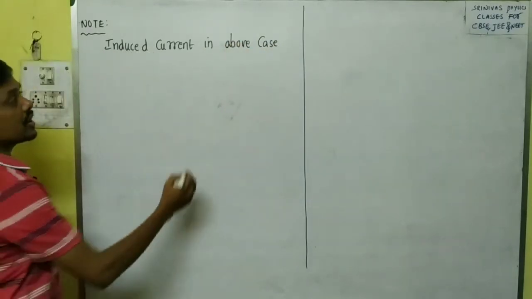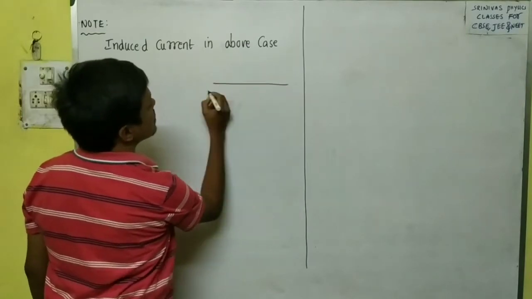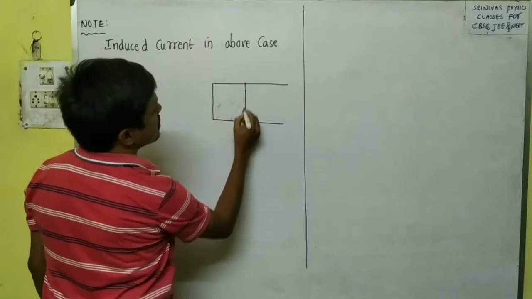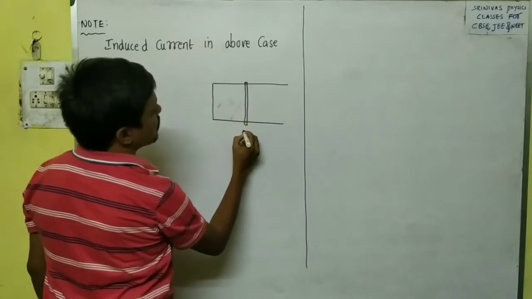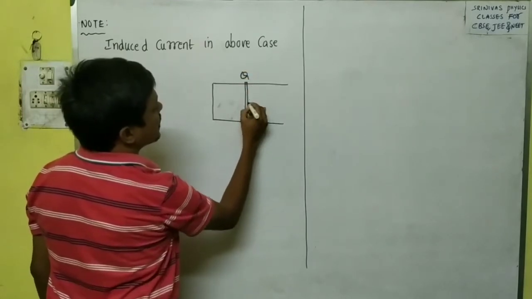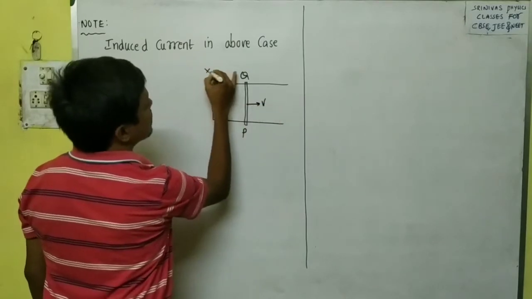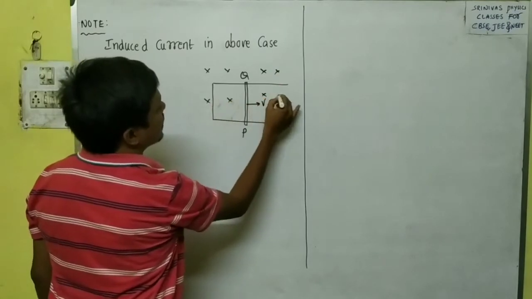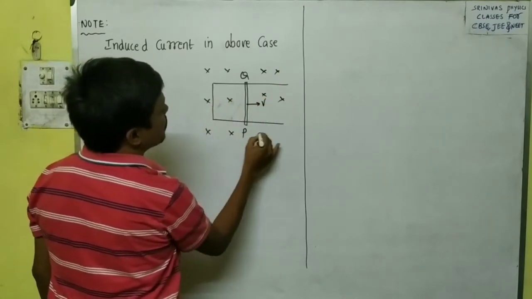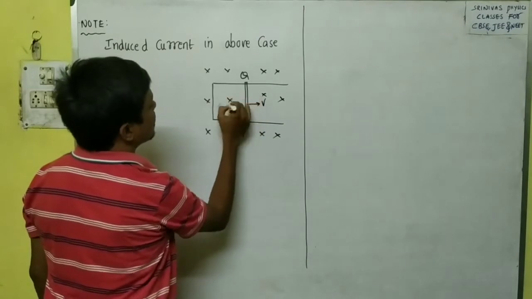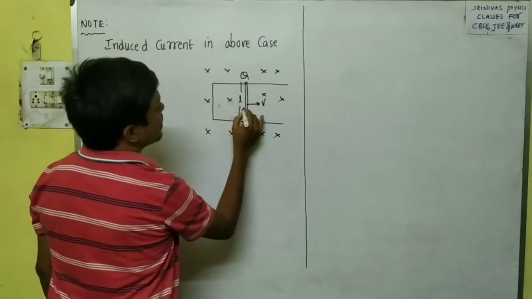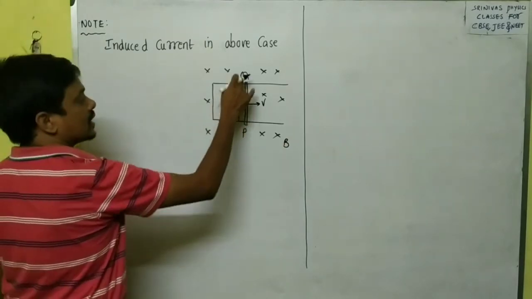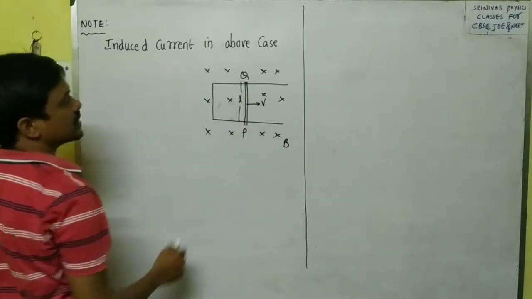How to get the current? Actually, this is a conductor PQ. We are moving this conductor PQ in the magnetic field with velocity v. That conductor length is L. When you move this conductor of length L in the magnetic field of induction B, EMF will be generated across this conductor.